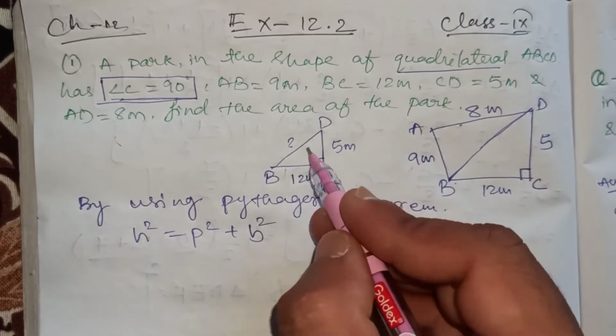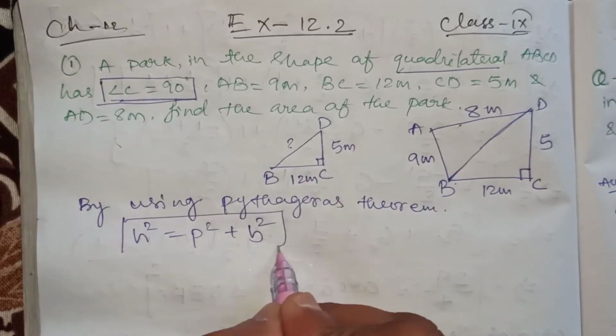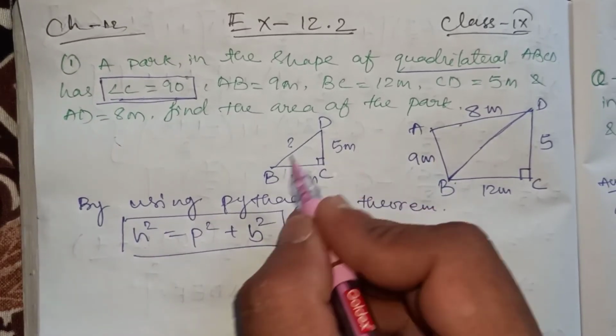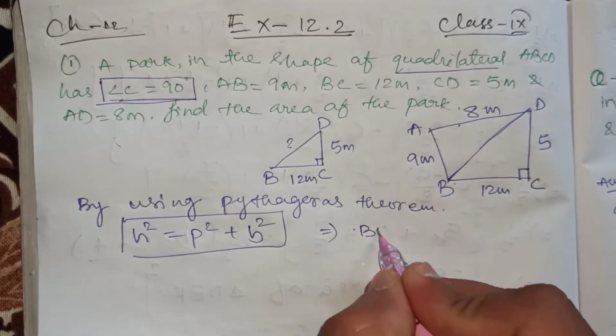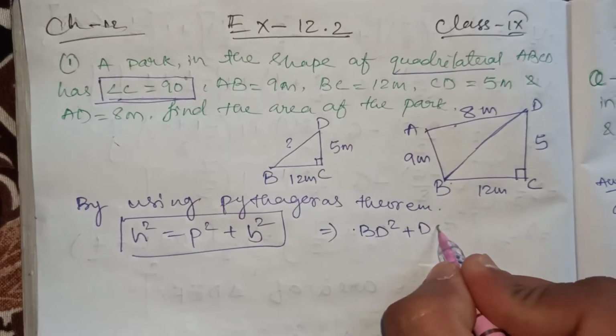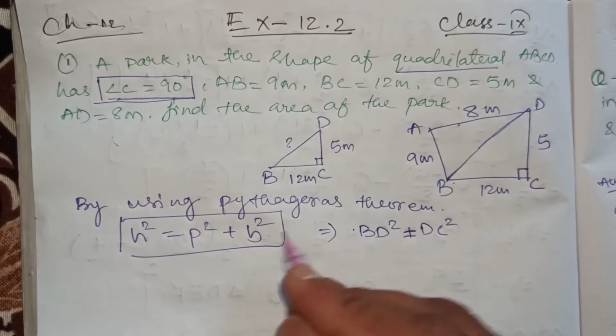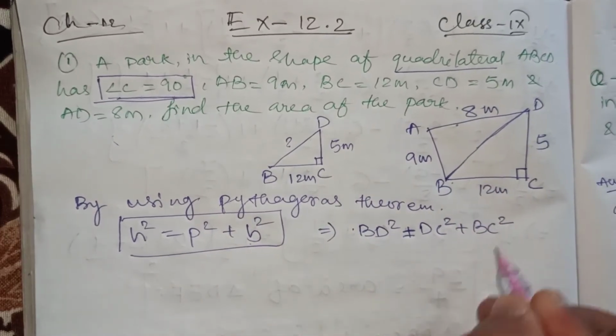What is h? H is the hypotenuse, the longest side, that is BD. So in place of h I am writing BD square. P is the perpendicular line, that is DC square, and b is the base line, that is BC square.